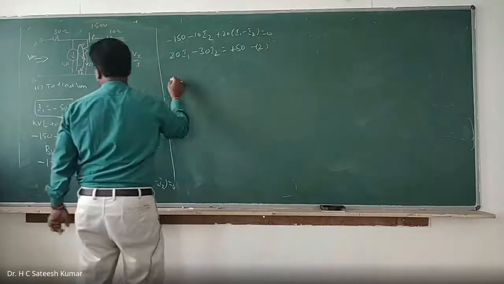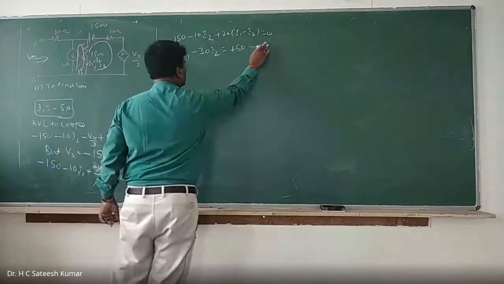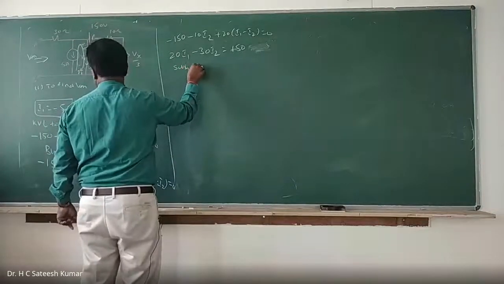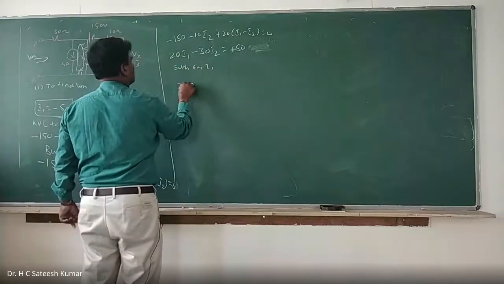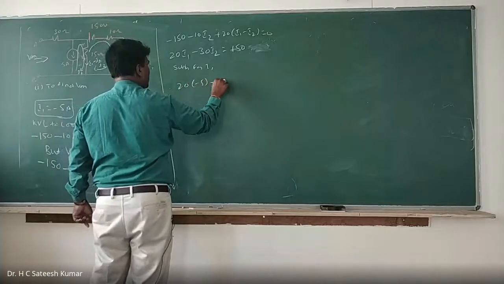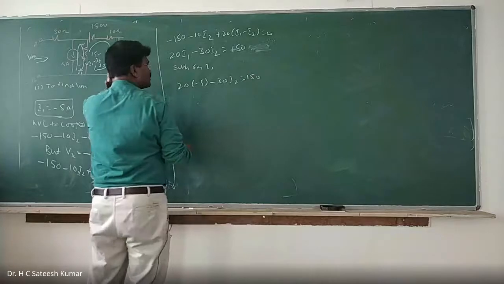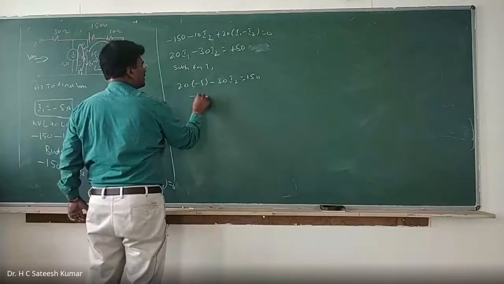You can solve it or you can substitute directly, and you can do it in the calculator also. Substitute for I1: 20 into minus 5, minus 30 I2 is equal to 150. So this is nothing but minus 100 minus 30 I2.